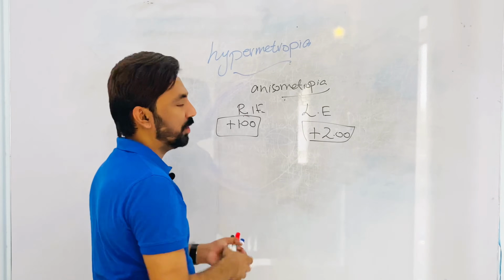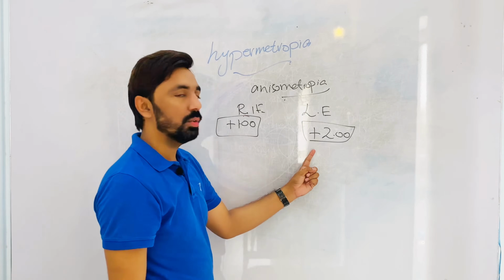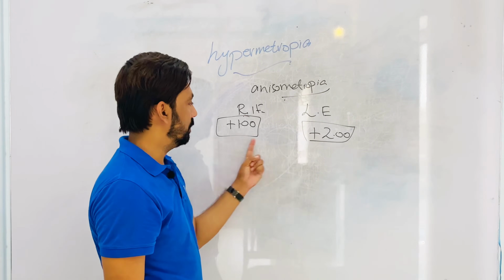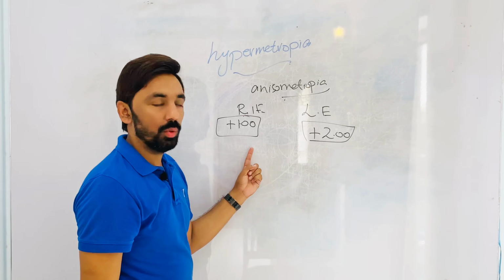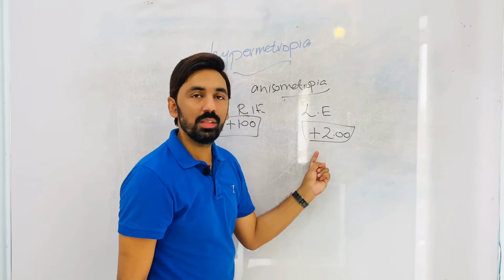Your patient is a child, an infant, right? So one eye has +1 and one eye has +2.00, and you have to correct this anisometropia. You see, this is unequal refraction.